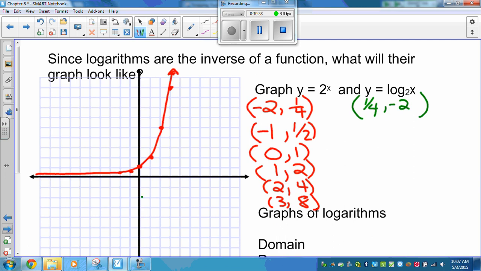1/4 and -2, somewhere there. I have 1/2 and -1.